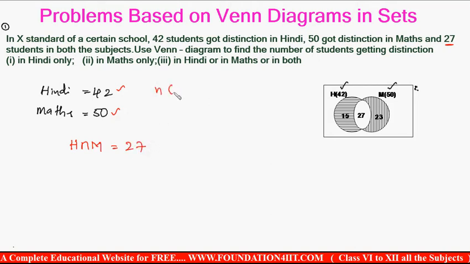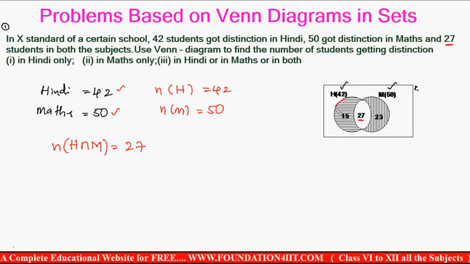Here n of H is 42 and n of M is 50. H intersection M is 27, means n of H intersection M is 27.